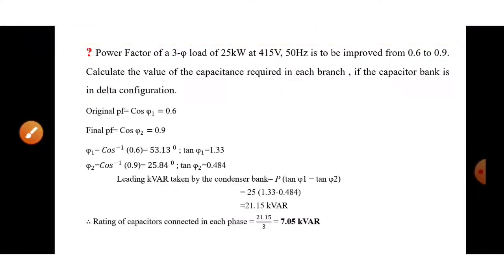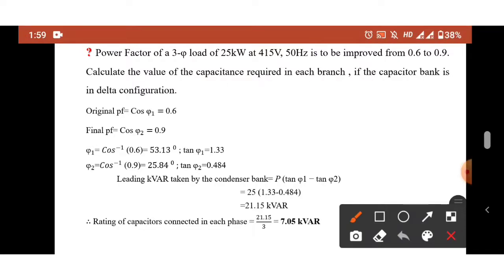Now the second problem, which is also a previous university question. The power factor of a three-phase load of 25 kilowatt at 415 volt 50 hertz is to be improved from 0.6 to 0.9. Calculate the value of the capacitance required in each branch if the capacitor bank is in delta configuration.